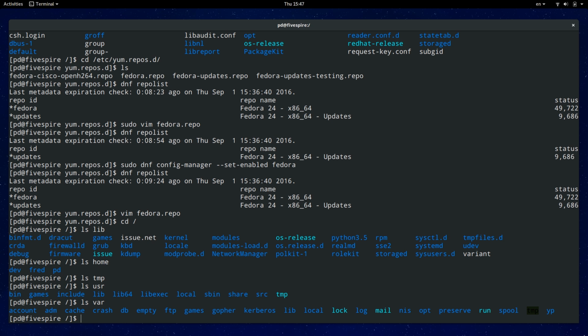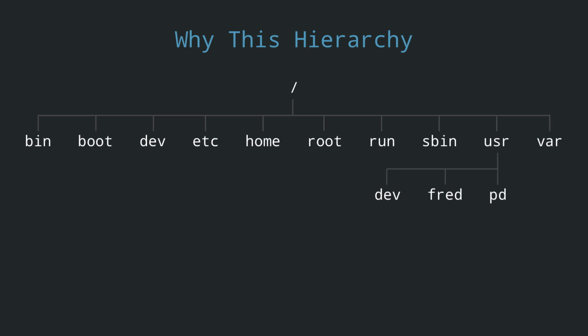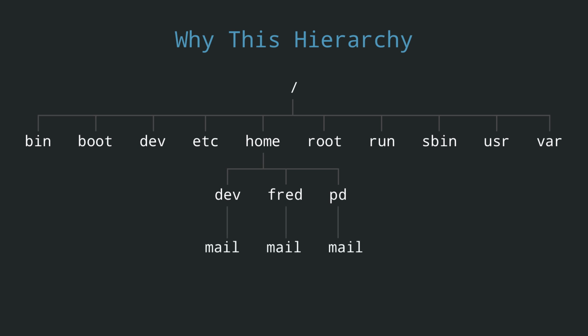Database files are still stored here, and sometimes you'll see admins putting their web servers and FTP servers in this directory. So you may be asking yourself, why this particular hierarchy? Something that seems very arbitrary, like why move user files away from the user directory to a new folder called home. Even emails seem to make more sense if you stored them directly in a user's home directory instead of a weird sounding variable directory.